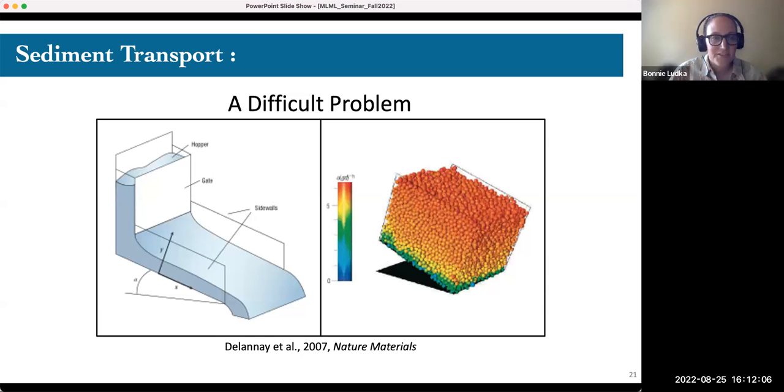It turns out this is actually a pretty difficult problem, because sediment transport in general is a difficult problem. Here, I'm showing a slightly outdated reference, I need to update this, but my point is that there is a whole field of physics studying the flow of grains and trying to understand how best to model that. This is an entire review article about all the different experiments and modeling that have been done looking at uniform spherical grains.